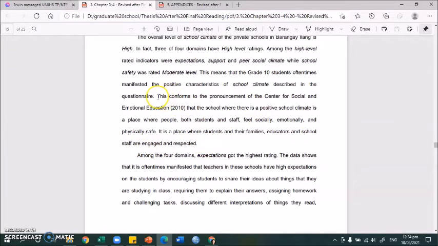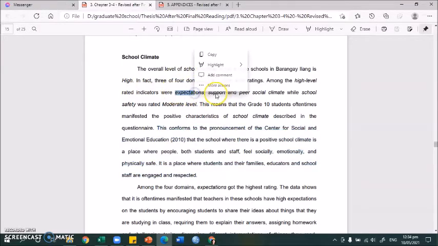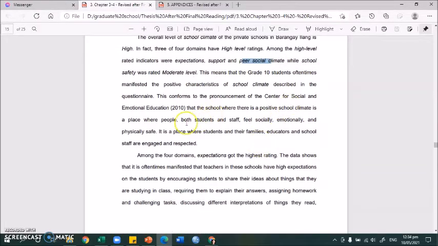So, this one, eto na yung literature natin that supports our result. Okay? Bakit nag-support? Kasi yung result natin, ang sabi, very high ang school climate kasi high din yung expectation, yung support, at saka yung peer social climate. So, nag-support yan.